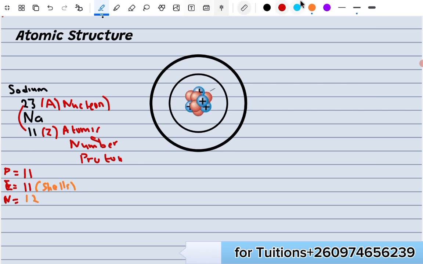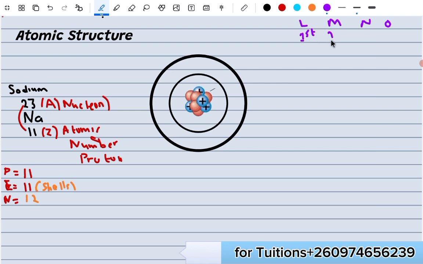Remember that these shells, you have got the first shell K, the next shell L, the next shell M, and then N. According to this, this is called the first shell, the first energy level.